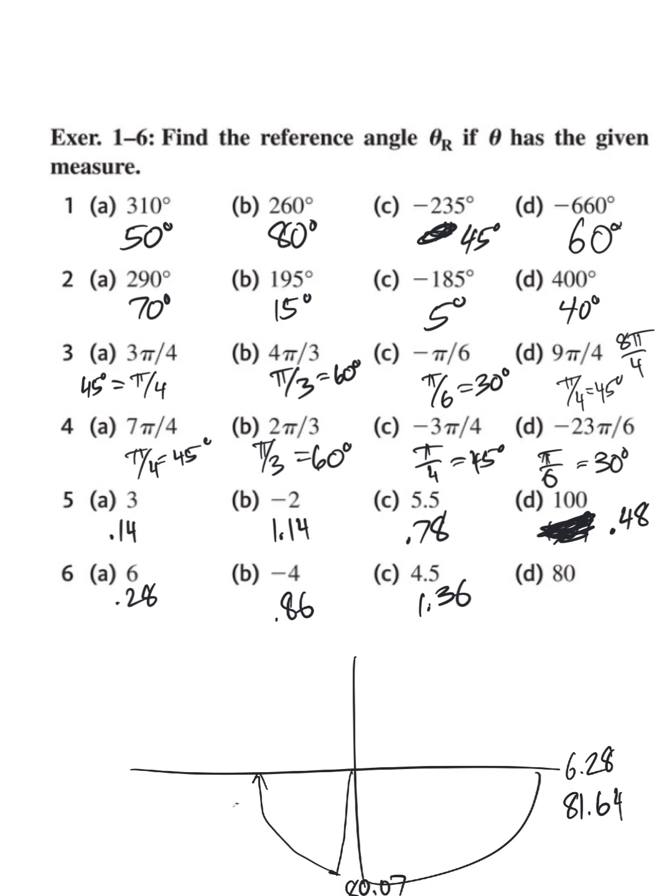It's the 81.64, which is all the way around. If we subtract 3.14 from that, 81.64 minus 3.14 is going to be 78.5. So now we just take the difference between 78.5 and the 80.07. So 80 minus 78.5. That's going to be 1.5 to get back to the x-axis. Tough questions.